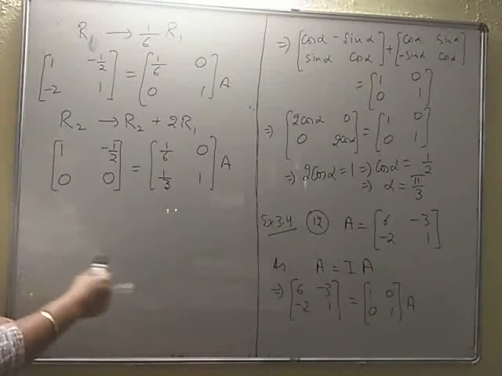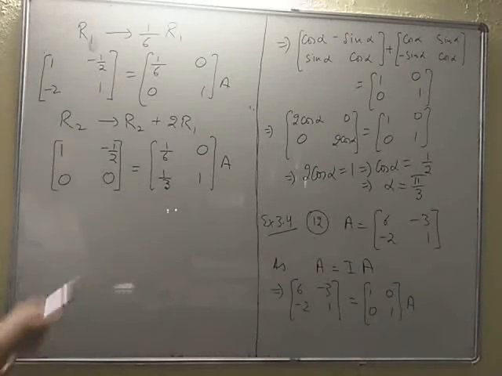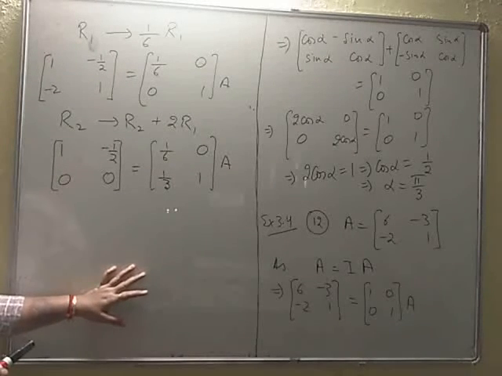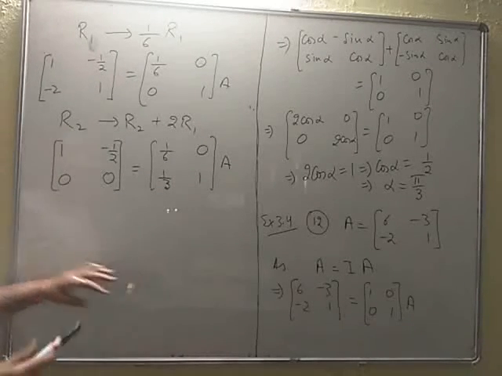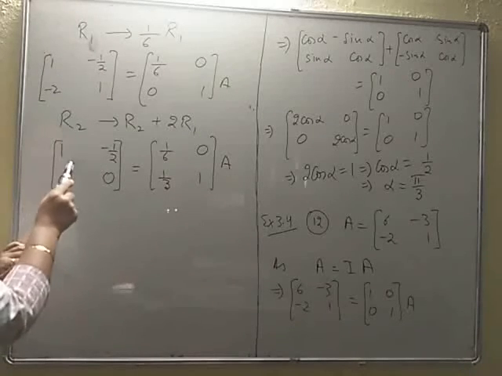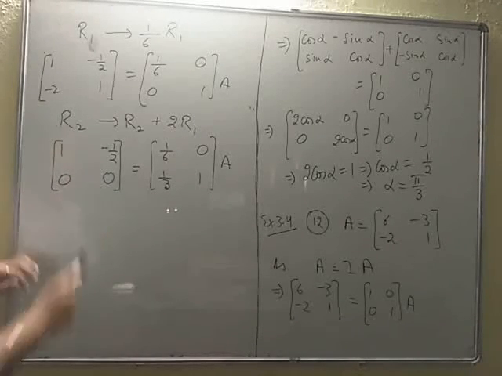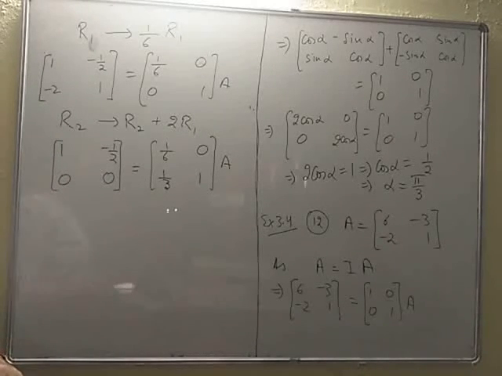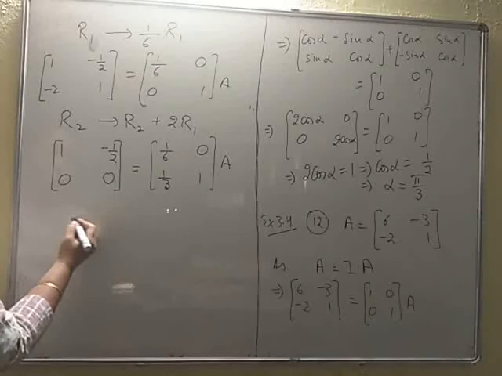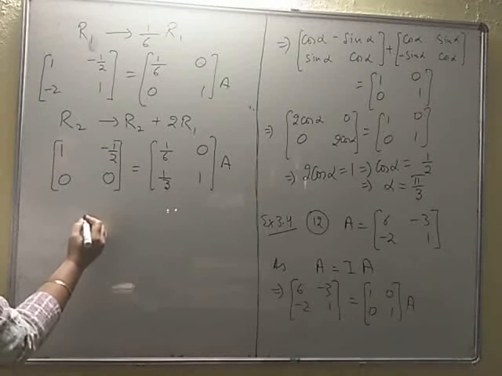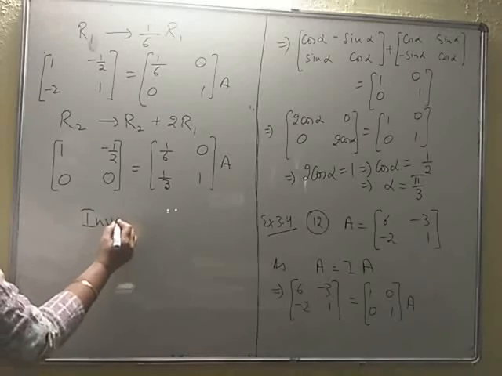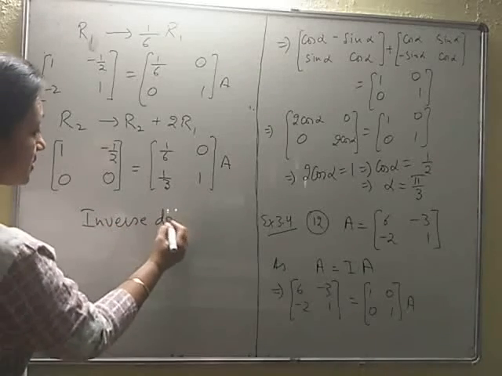But we cannot design or frame any row operation using which this can be now made 0. So beyond this we are not able to proceed. The reason being, while converting this to 0, this element also got converted to 0. So what we see here, inverse does not exist.